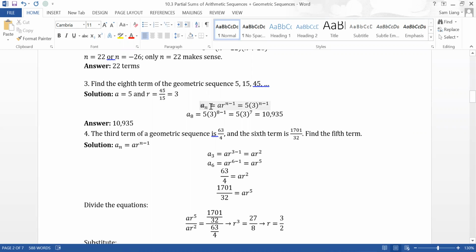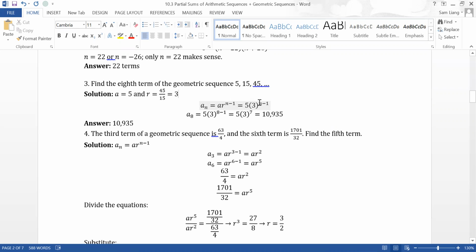And then from here, we can find the eighth term using this, I wouldn't even call it a formula, just this relation between the nth term in a geometric sequence, the first term, and the common ratio. So we want to find the eighth term, so I'm just going to plug in what we already know. The first term, a, is 5, so write that in there. The common ratio, as we just solved for, is 3.